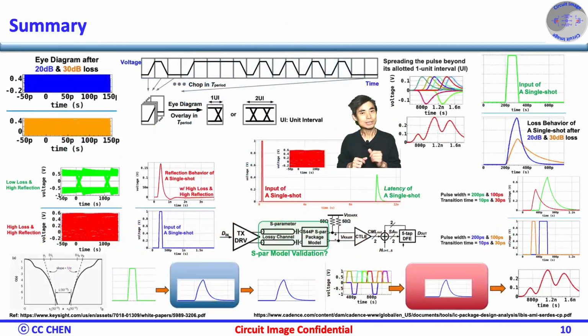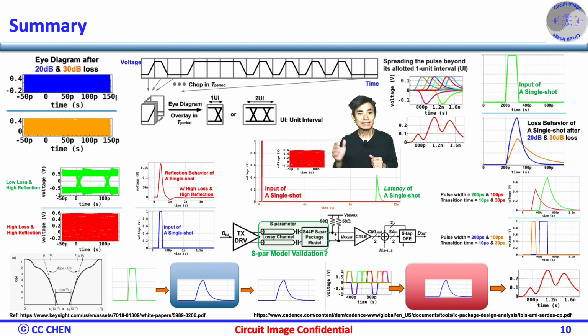Here are the summarized images showing you why you need a single shot response, or single shot, for inter-symbol interference ISI analysis. Again, a single shot is a handy tool for analyzing ISI compared to the eye diagram because it shows exactly how a channel affects a single bit of data and how much that bit spreads into adjacent timestamps.